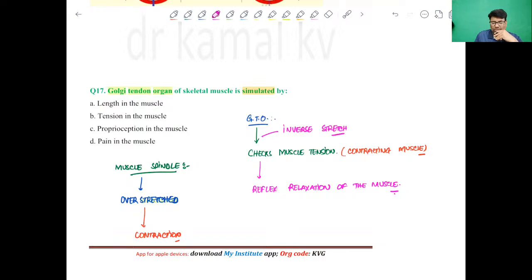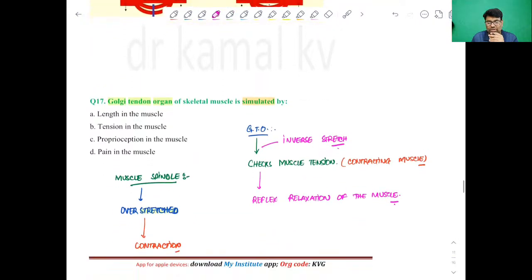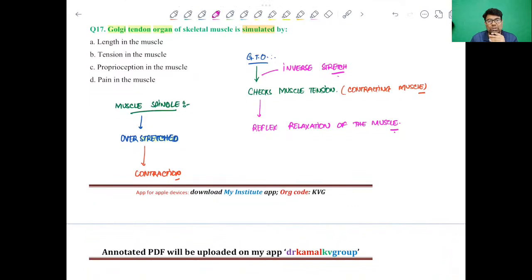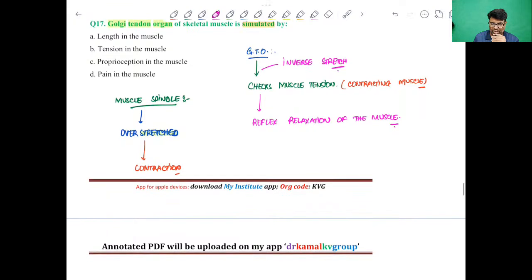Please remember both the mechanisms, and they just try to ensure that there is no injury to the muscle. In Golgi tendon organ, this is because of a contracting muscle, and in case of muscle spindle, it is because of stretched muscle. Okay, so these are the two mechanisms.